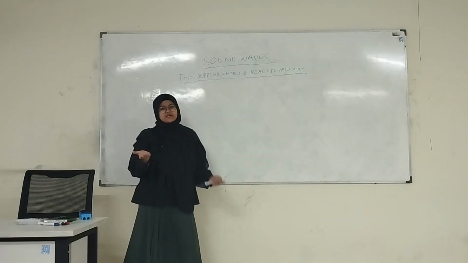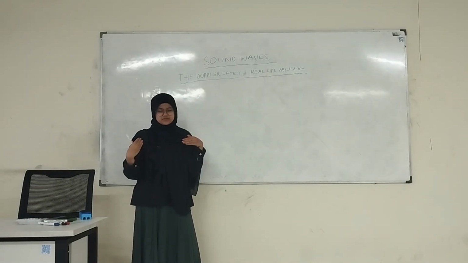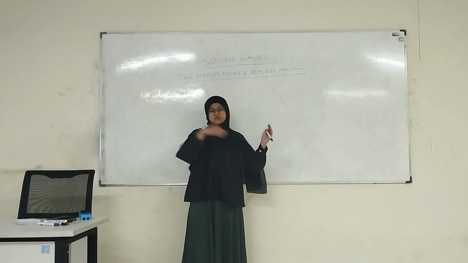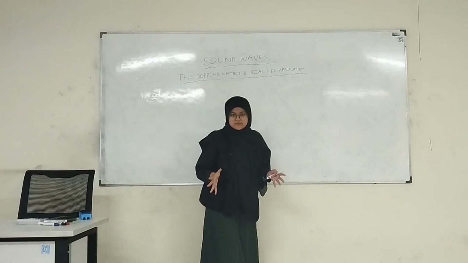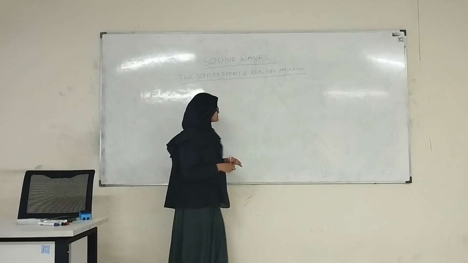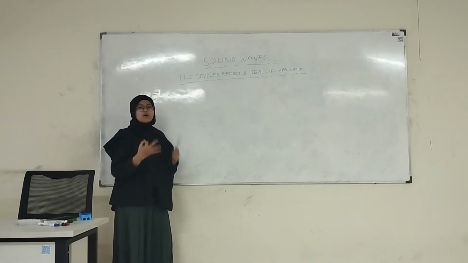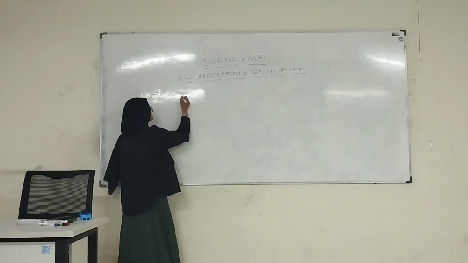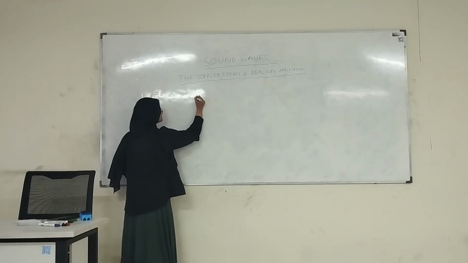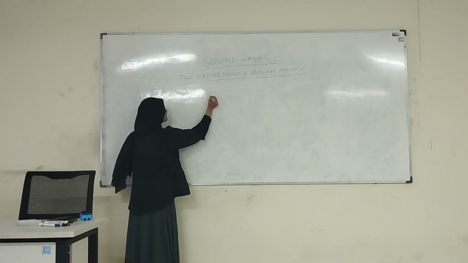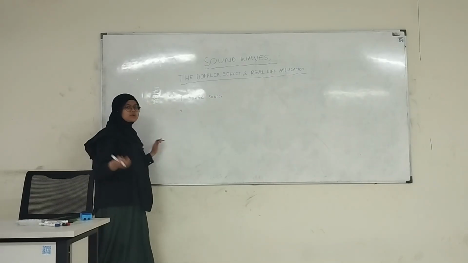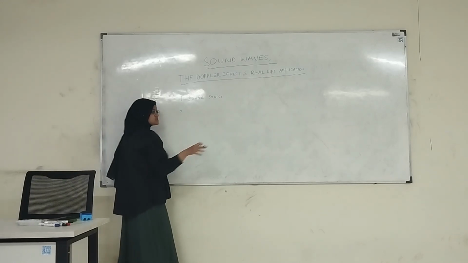Now you must be wondering why sound can be heard. It turns out sound is a propagating wave from a vibrating object as the sound source. There are three requirements for sound to be heard. The first one is a sound source. The second one is a medium to propagate through.